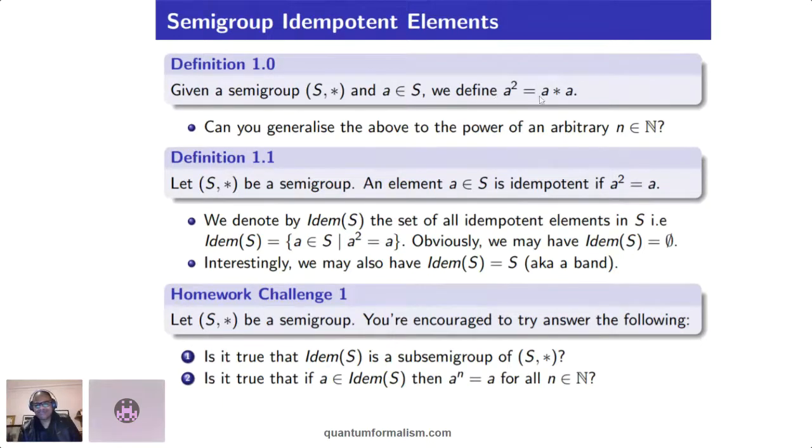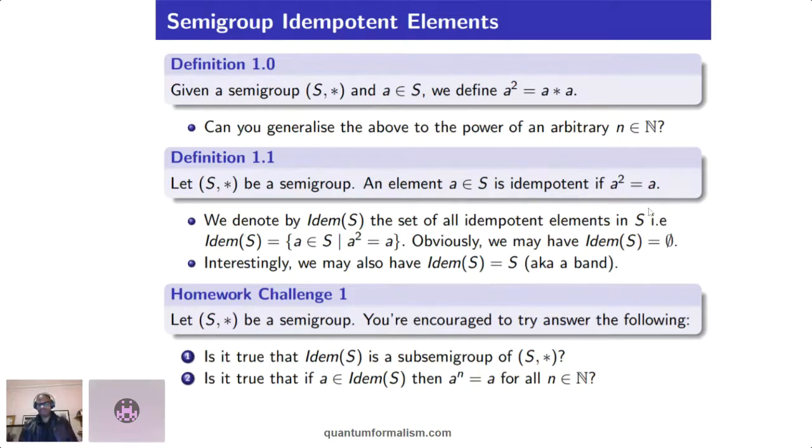So the first one is just a notation, a squared. I was already wondering if I had missed the actual definition. So the first one is the definition that we will use to define the notion of idempotent. You can generalize this to n. So a is idempotent if a squared equals a. That's it.